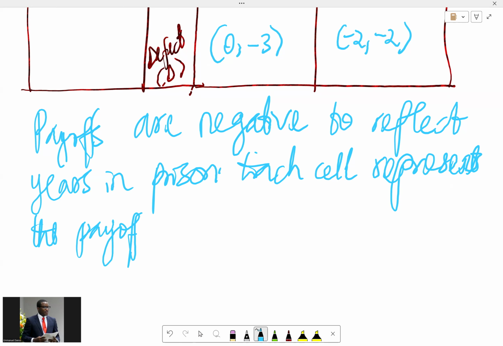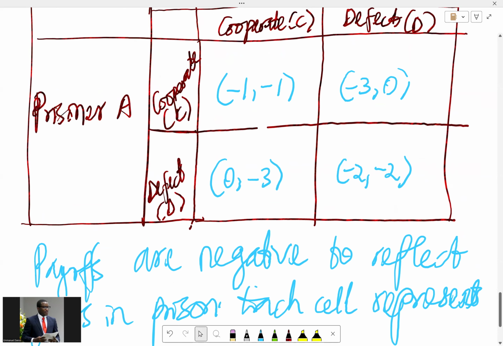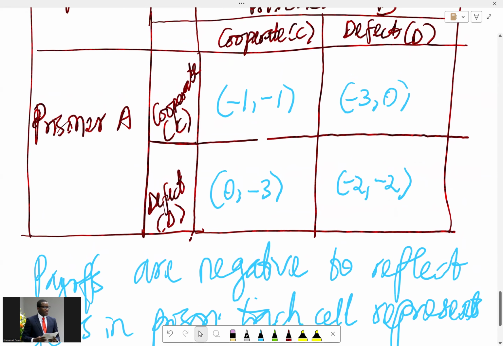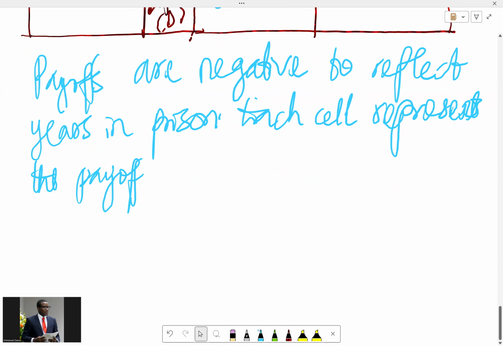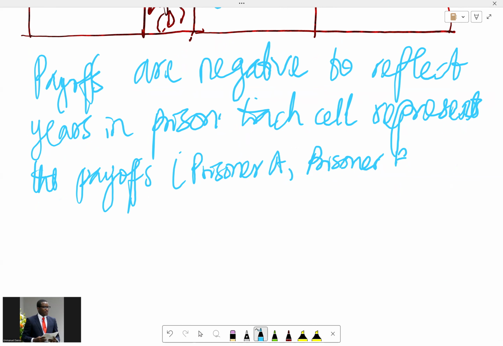So all the -1, -1, -3, 0, 0, -3, -2, -2, they are the payoffs. So each cell represents the payoffs for both prisoners. The first one is for prisoner A, and the second one is for prisoner B, as you can see up there. So that is how to represent the prisoner's dilemma, the matrix representation of that.